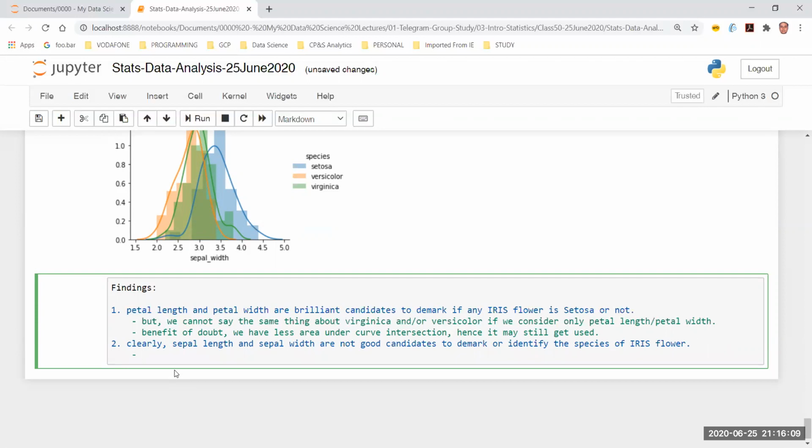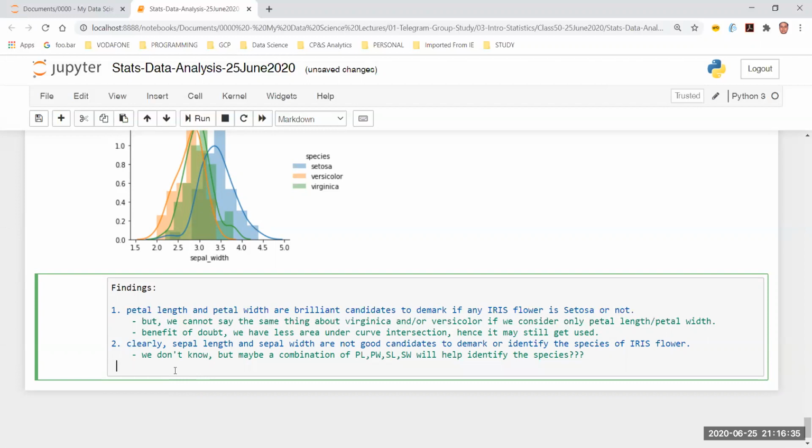Here I may want to write something like this. You don't know, but maybe a combination of PL, PW, SL, SW will help identify the species.